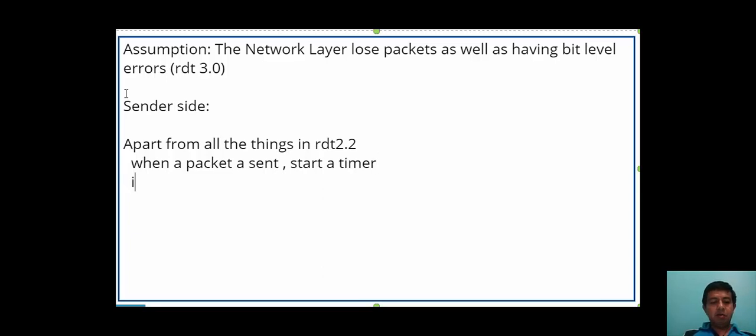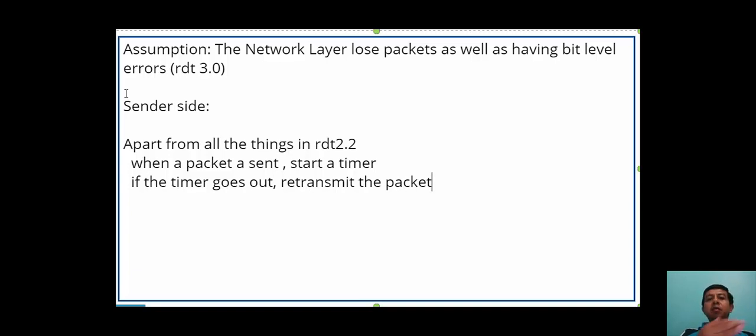If the timer goes out, simply retransmit the packet. And if an acknowledgement arrives before the timer goes out, then simply stop the timer.